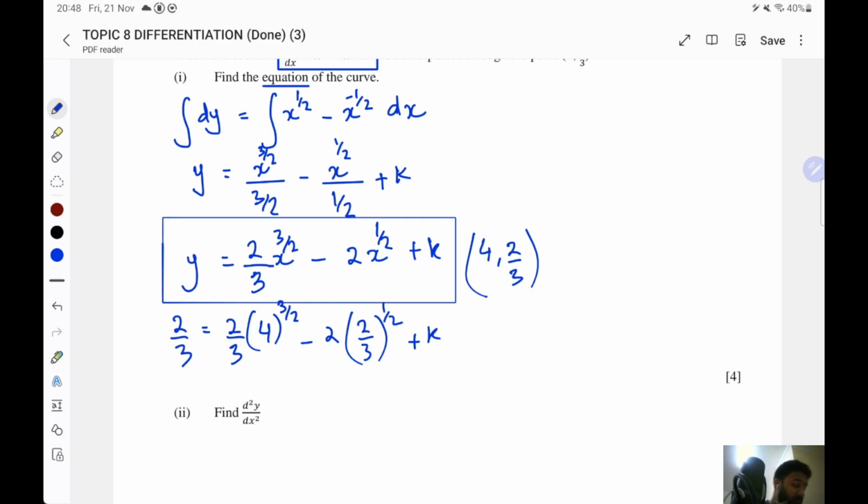Now if you simplify, this is going to be 4 to the power of 1.5 times 2 times 2 by 3, 16 by 3, so 16 by 3 minus 2 bracket 2 by 3 power 0.5.